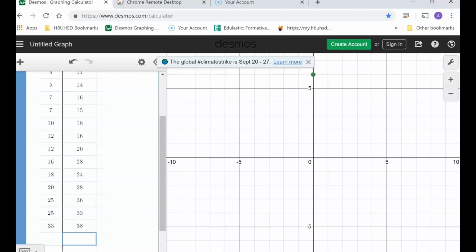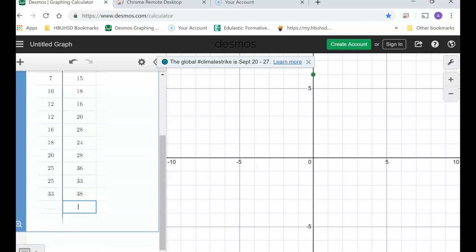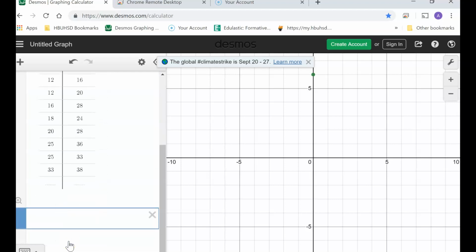In the box below the data, type in Y subscript 1. Anybody know how to get the subscript? It's automatic. Very good. So Y subscript 1.